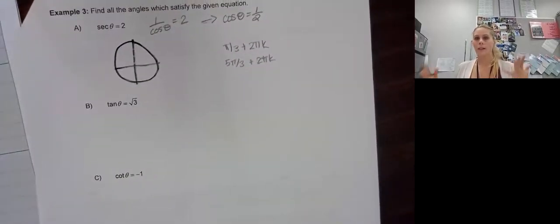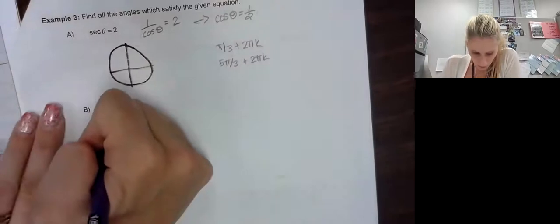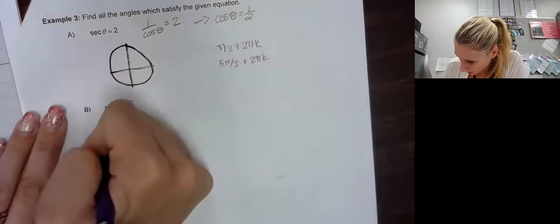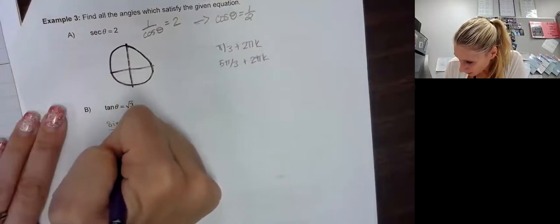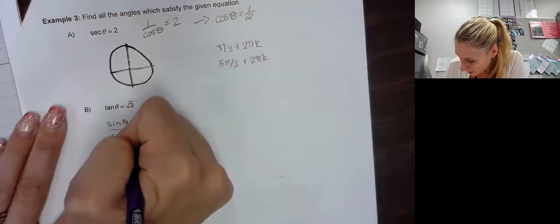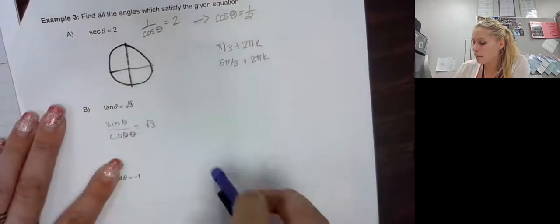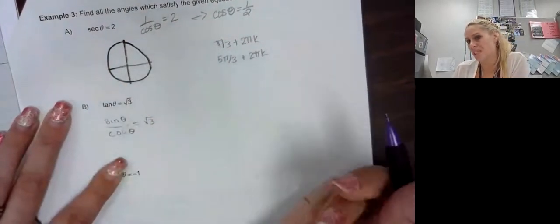Okay, tangent. What were we doing at the beginning of this lesson? We were changing tangent into sine over cosine. So let's do that now. So sine theta all over cosine theta. Now, this is a square root of 3. But what I want you to keep in mind, guys, is, is square root of 3 on our unit circle? Kind of, right?